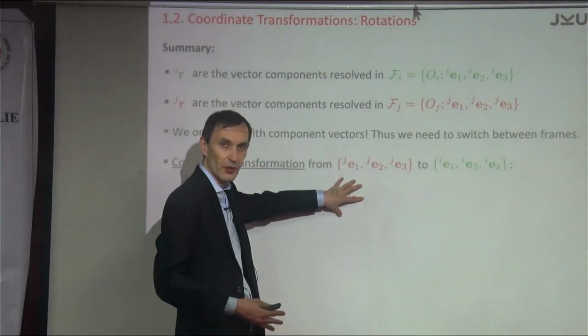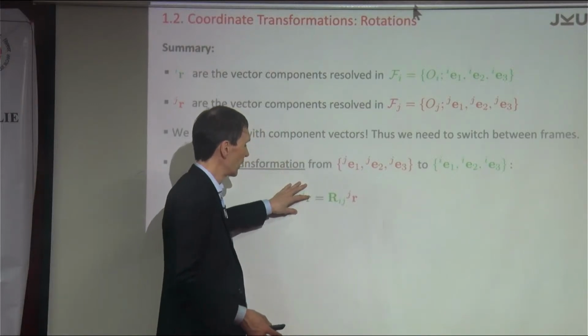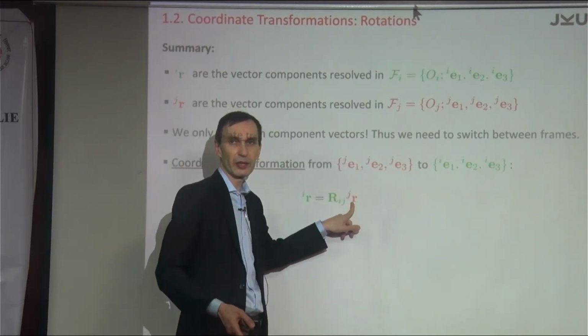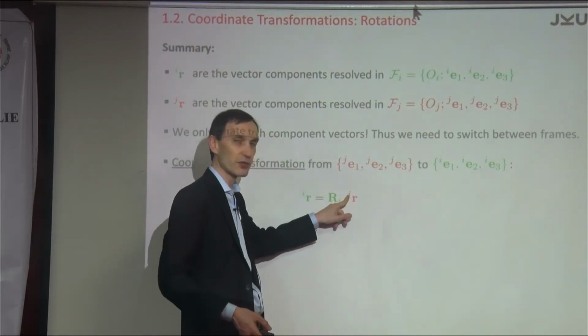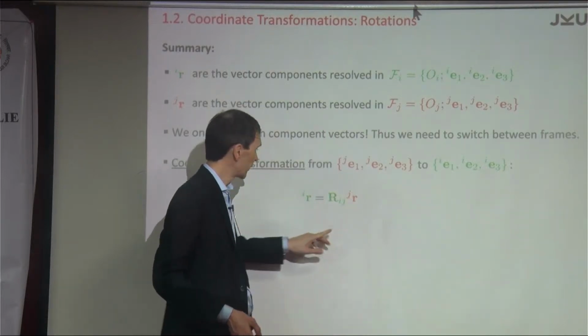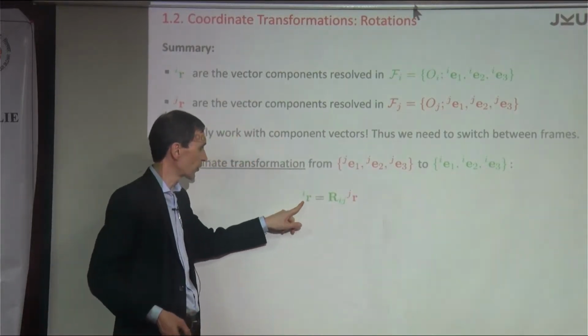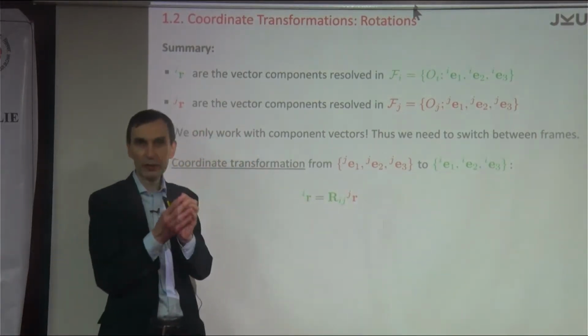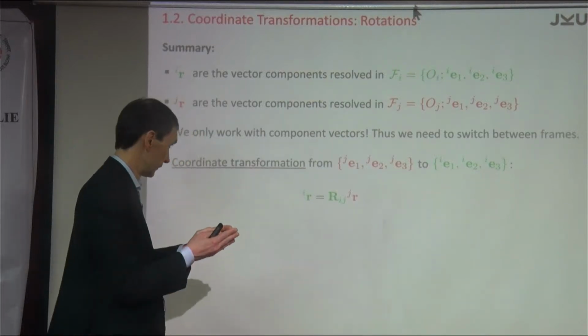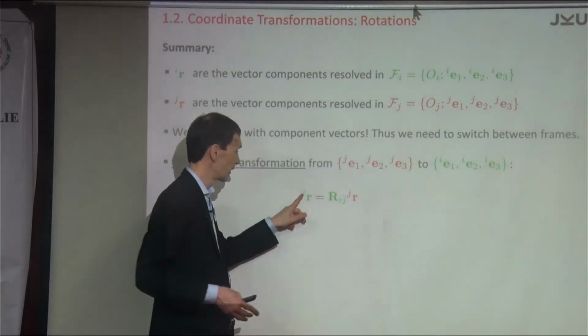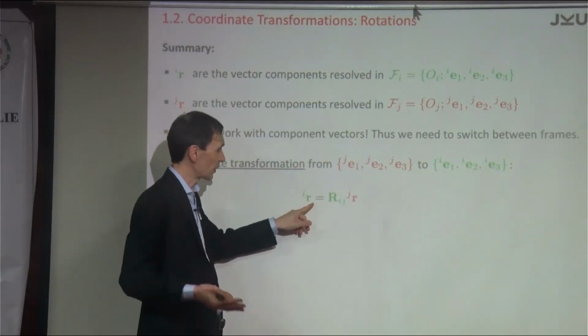And the only important thing is the notation. Let's say you have a vector with components expressed in frame J. You get the components of the same vector, because we are always talking about the same vector, right, when expressed in a different frame, let's say I, by using a rotation matrix.